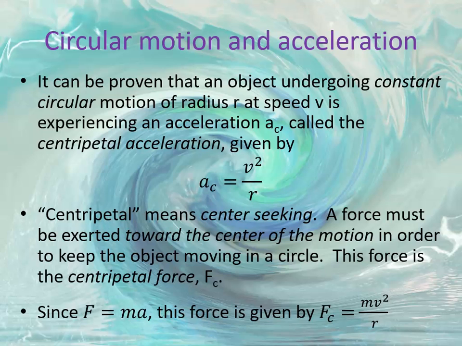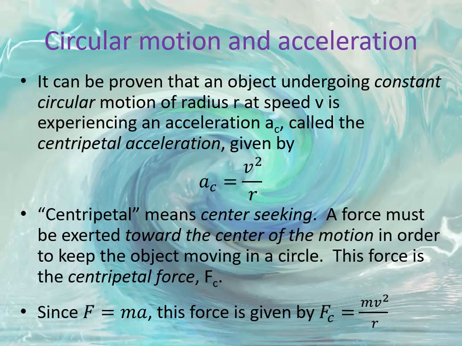If something's going in a circle, that means it's constantly changing direction. In fact, uniform circular motion is a very important unit in physics to understand very well. We're not going to get into it in a whole lot of detail in this class, because this is not an astrophysics class.